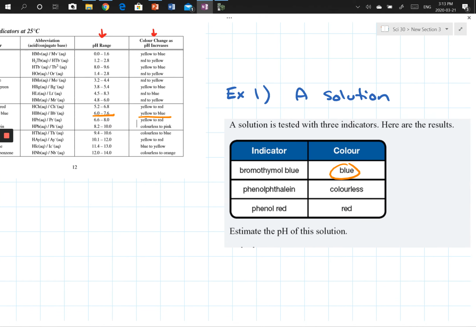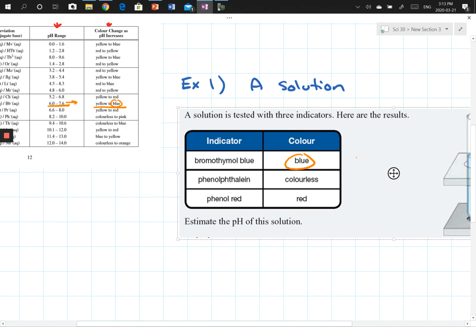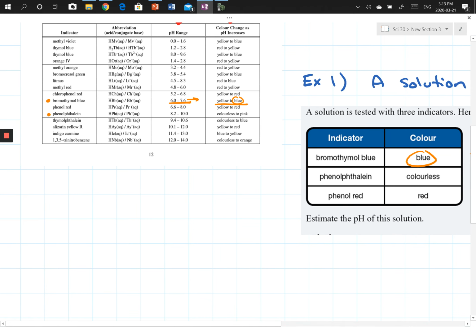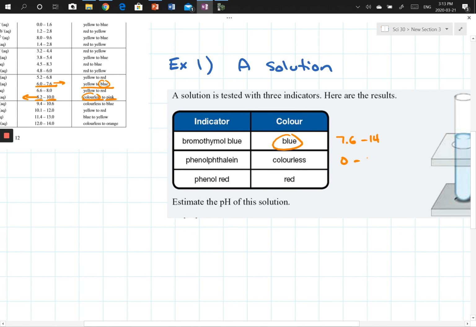So if the solution is blue, it's on the high end, so it's going to be 7.6 or greater. I'm going to put 7.6 to 14. Phenolphthalein is colorless. Phenolphthalein is 8.2 to 10, and it goes colorless to pink. Colorless is on the low side, so my pH has to be 0 to 8.2.